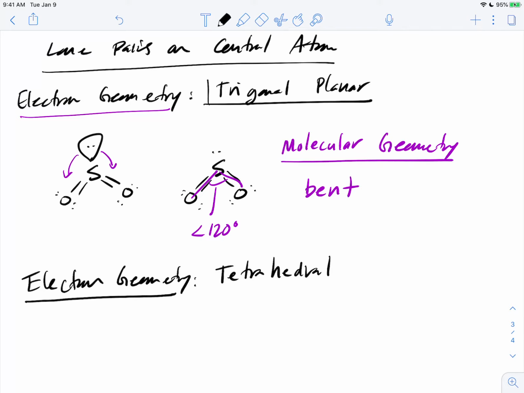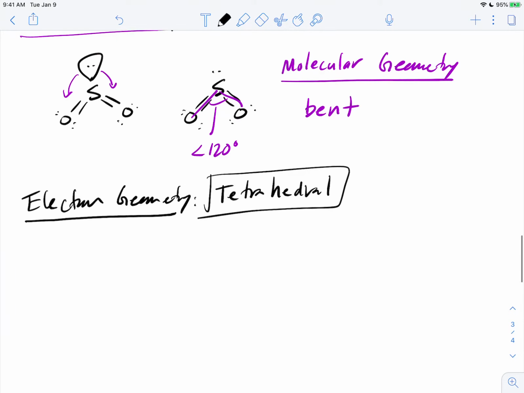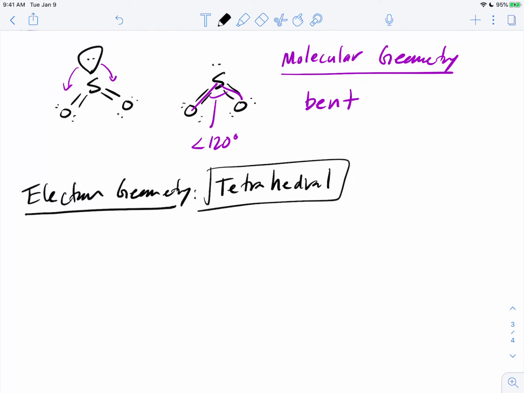For tetrahedral, let's first do one lone pair on the central atom, and that's going to be ammonia. One hydrogen coming out at us, one going away.